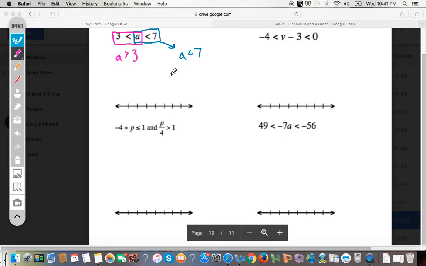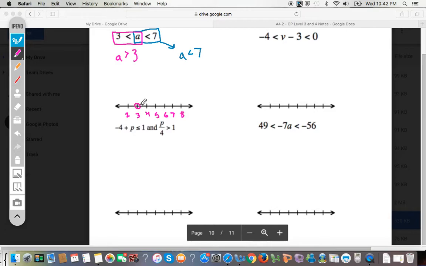So now I'm going to graph these. Let's say I have 2, 3, 4, 5, 6, 7, 8. So a is greater than 3, so I have an open circle, right?